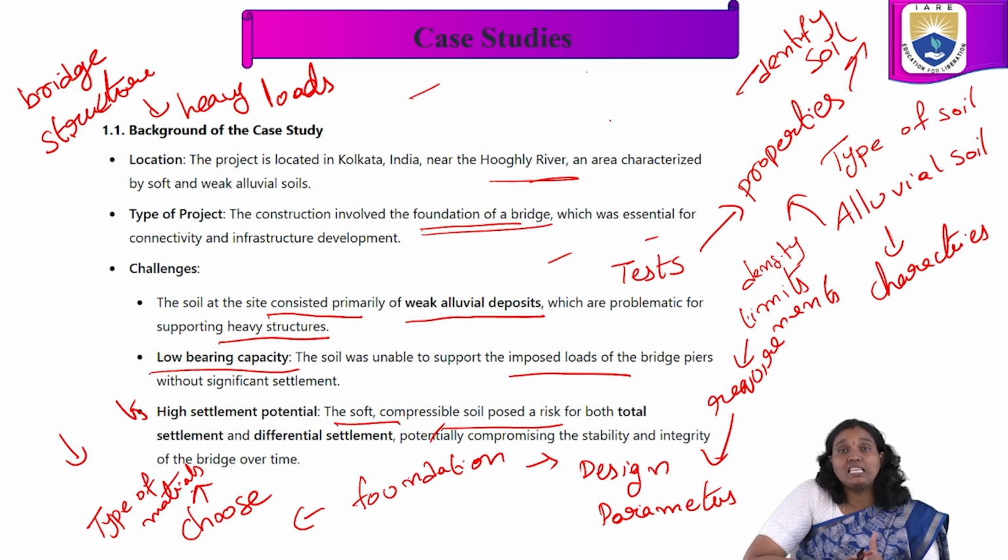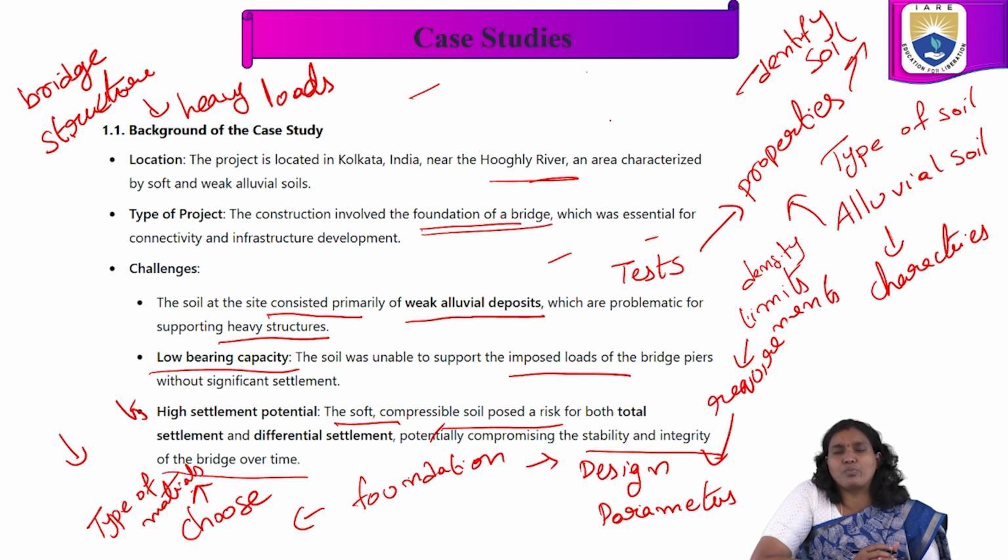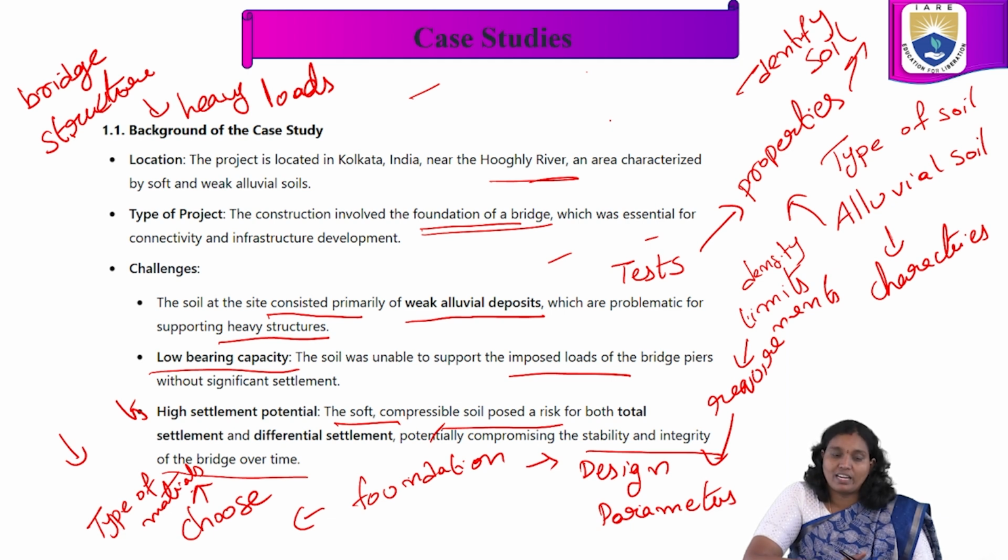For getting the stability and integrity of this bridge over time, based on the soil, we have to improve a few more properties of the soil using ground improvement techniques. So this is the background of the case study, to understand the various parameters involved in this particular case study.